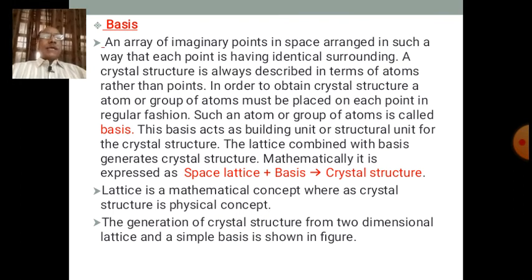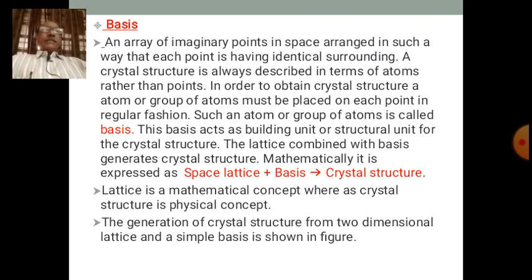is called a space lattice, isn't it? An array of imaginary points in space arranged in such a way that each point is having identical surroundings is called a space lattice. A crystal structure is always described in terms of atoms rather than points.